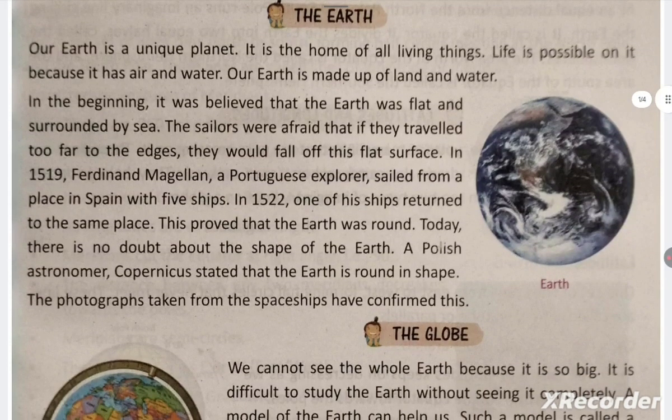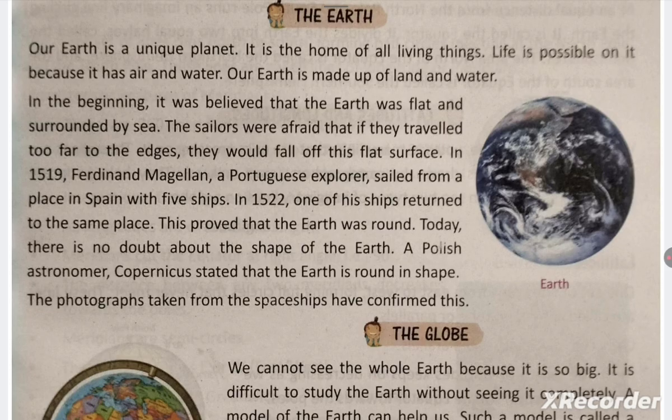In the beginning, it was believed that the earth was flat and surrounded by sea. The sailors were afraid that if they traveled too far to the edges, they would fall off this flat surface.